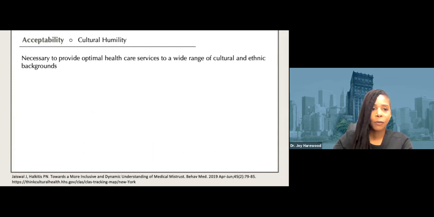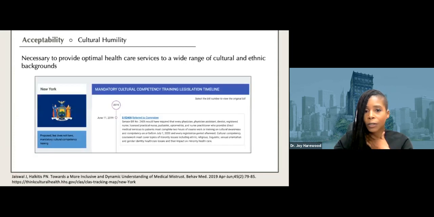So, in order to provide necessary services to people from different backgrounds, there actually has been legislation introduced to recommend that certain types of training are necessary for our doctors and our healthcare providers. And that's because mistrust, as I said, of medical advances and medical mistrust, all those different things can delay care.